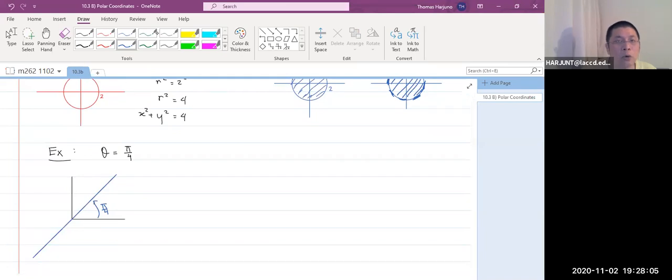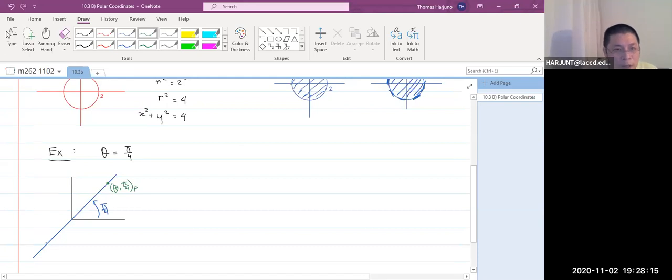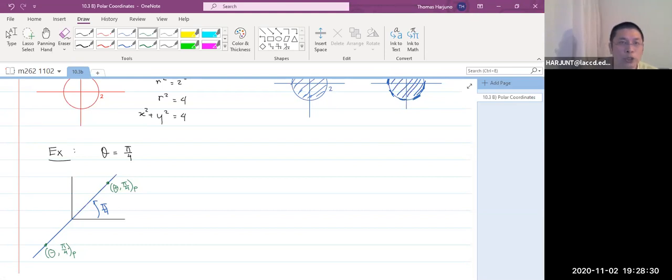So all the coordinates that we have here has positive radius. Okay, but the angle is pi over 4. Now what we have here have negative radius, but the angle is pi over 4. Okay, now in rectangular coordinate system, it's clearly y equals to x. Now, how do we show that though?